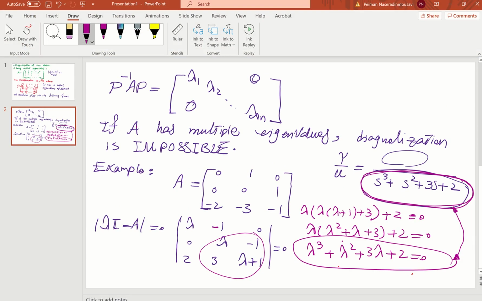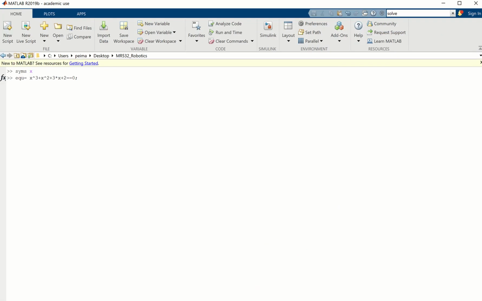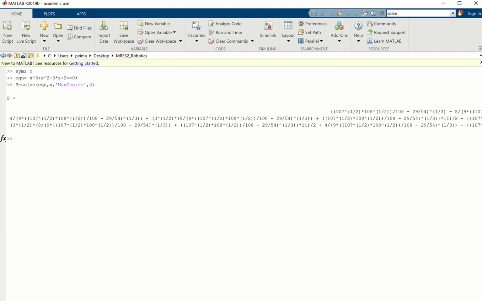Here we go, we got 1, 1, 3 and 2. Then you use this: S is equal to solve, the equation, and the variable is x, with max degree of 3, because it's a third order equation. This gives you this.